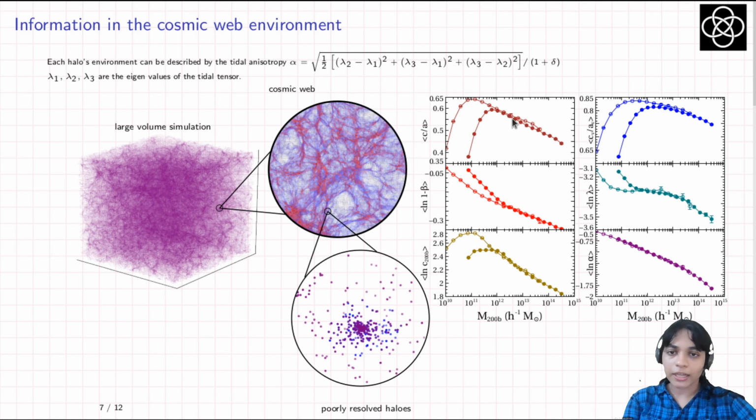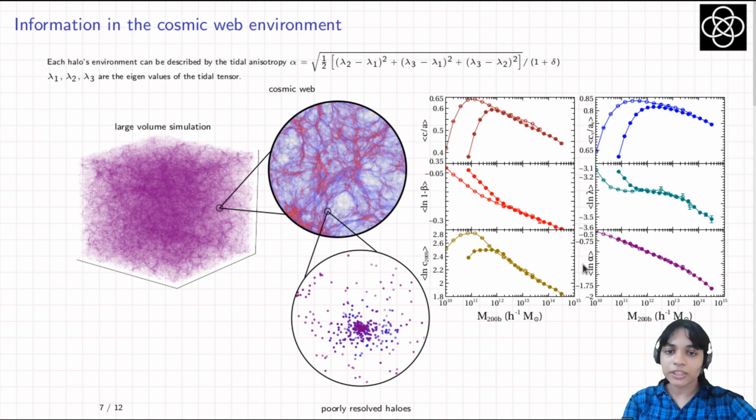A higher resolution simulation is shown by empty markers and low resolution simulation by solid markers, and we see that below a certain mass the low resolution simulation is no longer able to accurately compute the halo properties. For all these halo properties, this mass cut, or in terms of numbers, this number cut, would correspond to a halo which has less than 500 to 1000 particles.